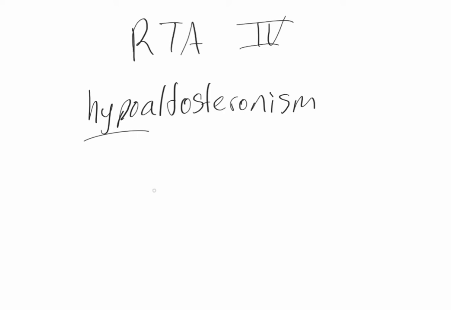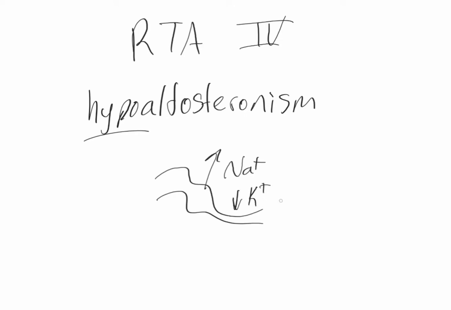Now remember, aldosterone's job is to work on the distal convoluted tubule, and it retains fluid in the vascular space by absorbing sodium in exchange for pumping into the filtrate potassium and hydrogen.